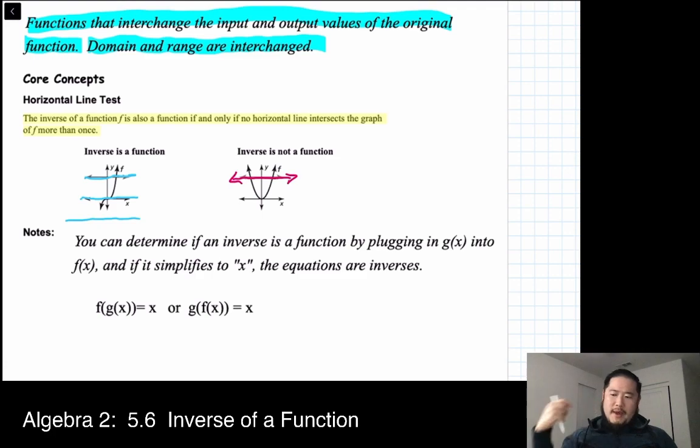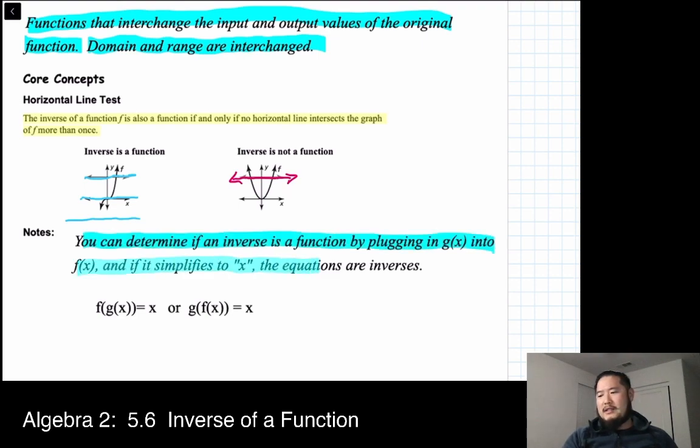So one of the main things you're going to have to do mathematically to determine if you have a function or not, because you're not always going to be able to graph, is determine if an inverse is a function by plugging g of x into f of x. And if it simplifies to x, the equations are inverses of each other.